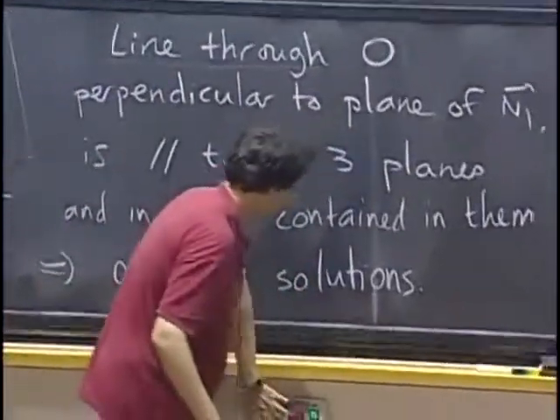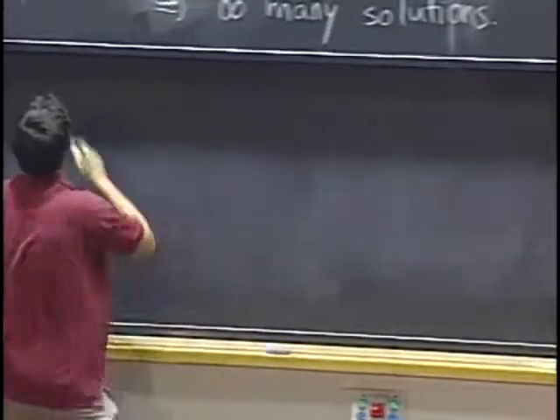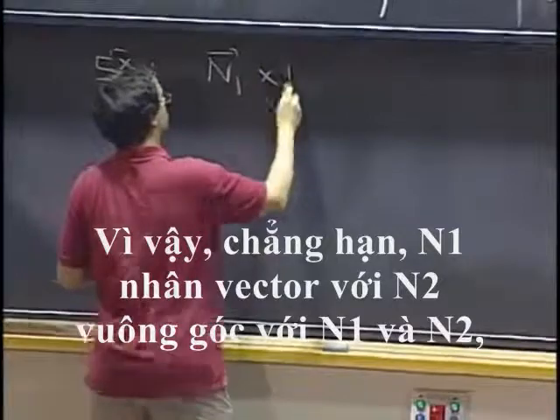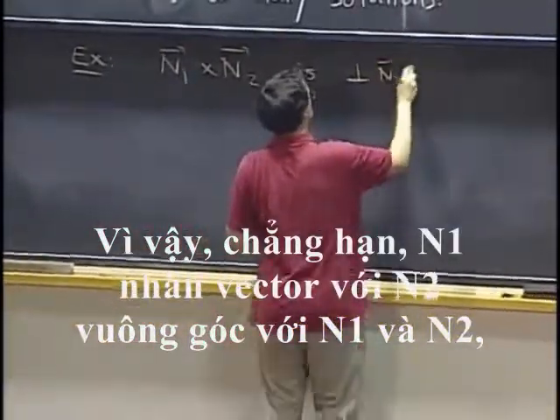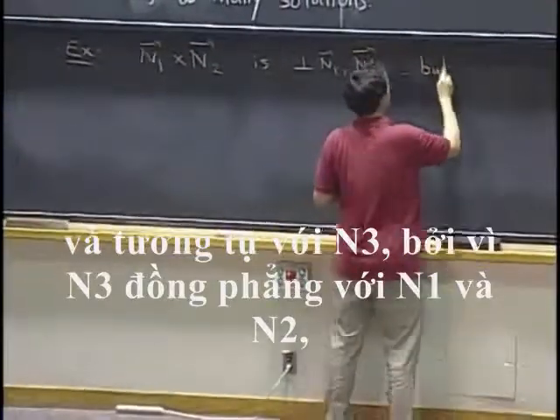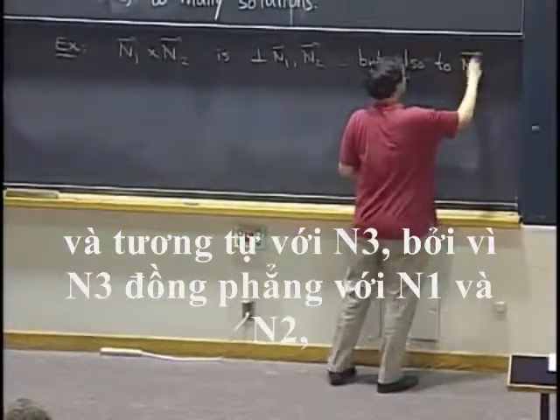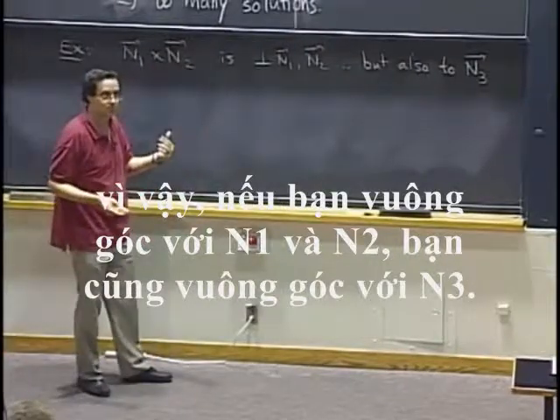So for example, n1 cross n2 is perpendicular to n1 and to n2, and also to n3, because n3 is in the same plane as n1 and n2. So if you're perpendicular to n1 and n2, you're also perpendicular to n3.